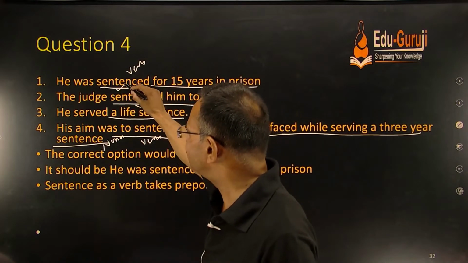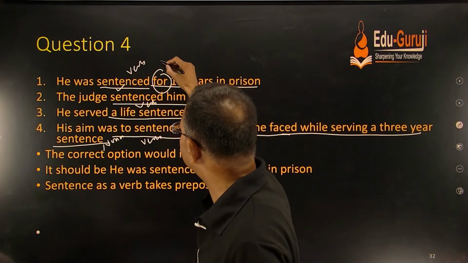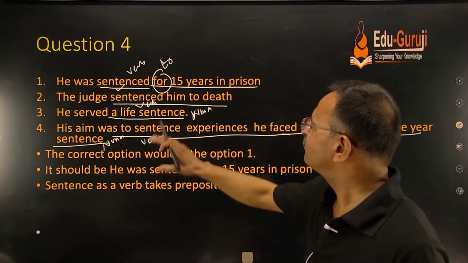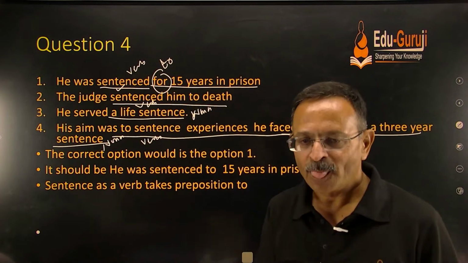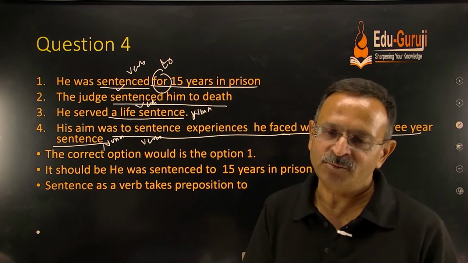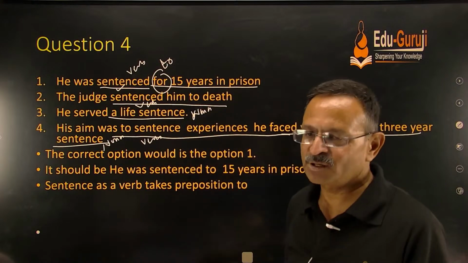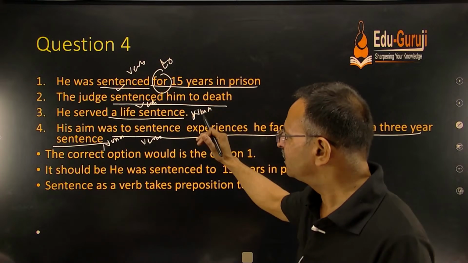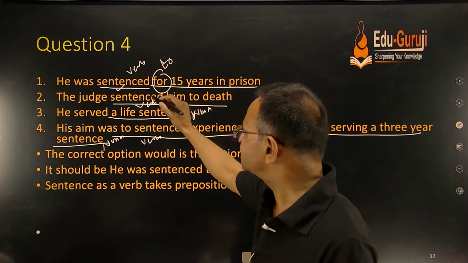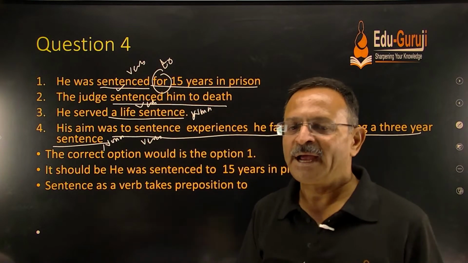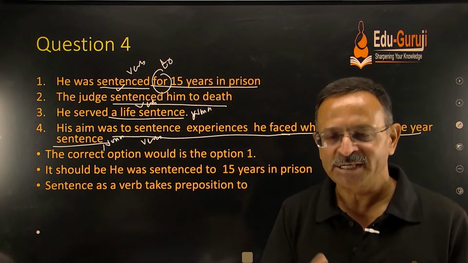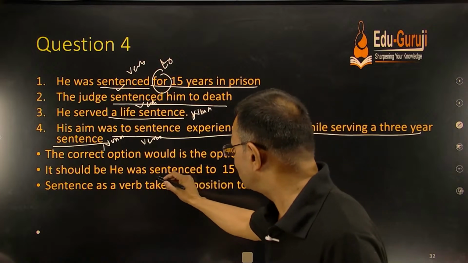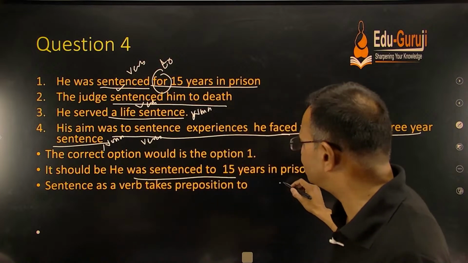Because it is a verb, it should take to. He was sentenced to 15 years in prison. Many of you might be saying, sir, why not for 15 years, because it is talking about the period? But again, this is the verb, and as a verb it takes to as a preposition. So the correct one is: he was sentenced to 15 years in prison.